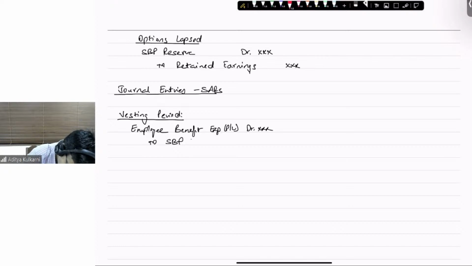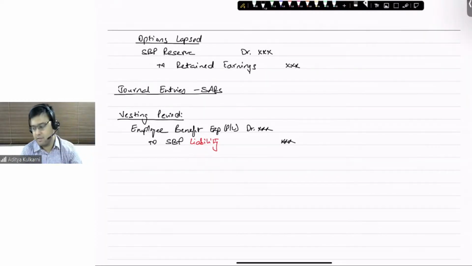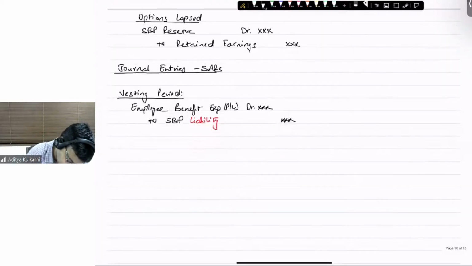What is this going to be, sir? This is going to be a liability, not reserve. And ultimately the expense is transferred to P&L. It may go to an asset if it is for constructing an asset. Okay, exercise period.